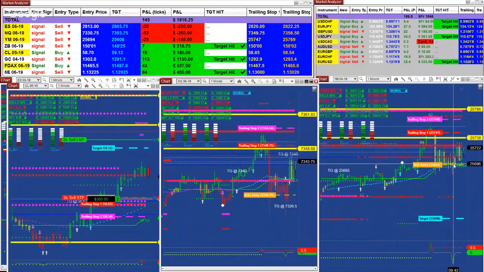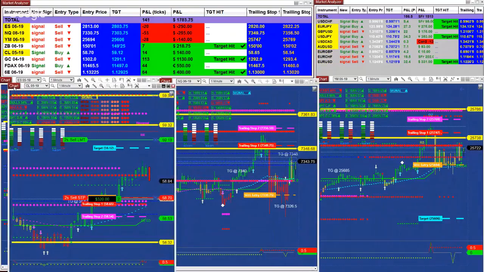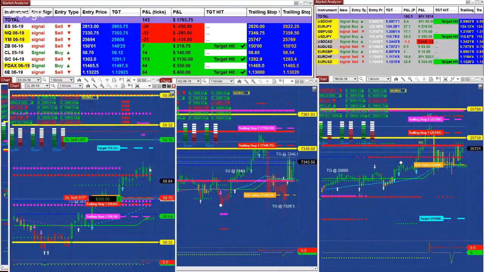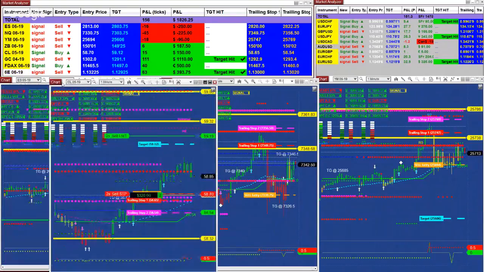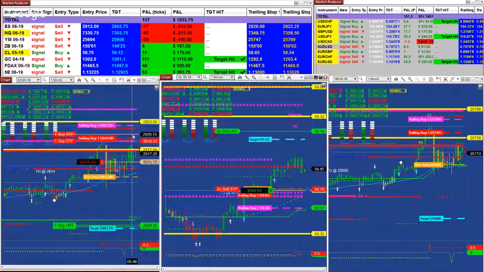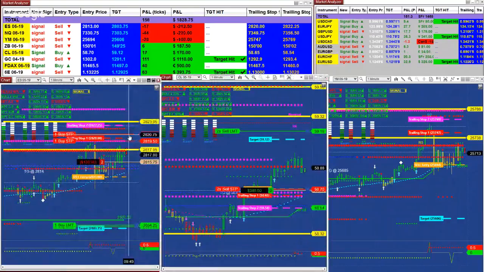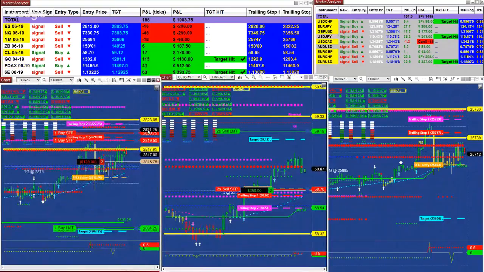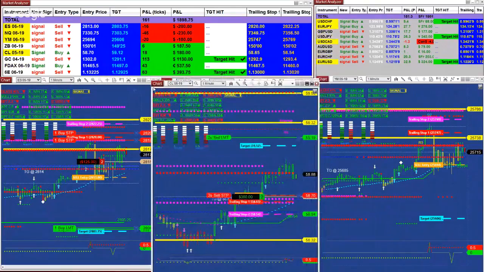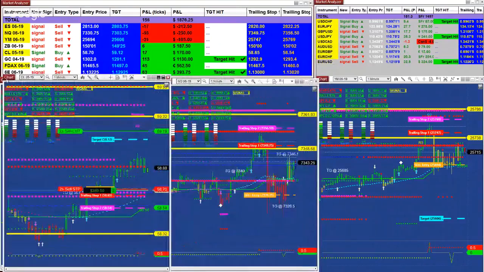The YM has not given in, and look at this, it fell. The CL and the ES, it is dying out. There is no long trend at the moment, not yet anyway.